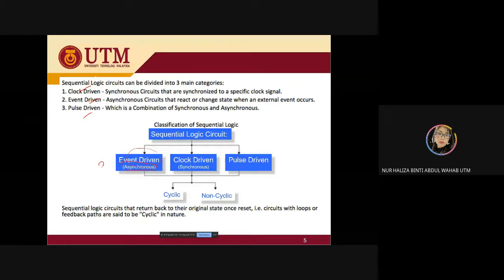What is asynchronous? Clock driven is synchronized. What is synchronized? And then pulse driven is the combination of these two. Combinations of synchronized and unsynchronized will trigger the pulse driven.